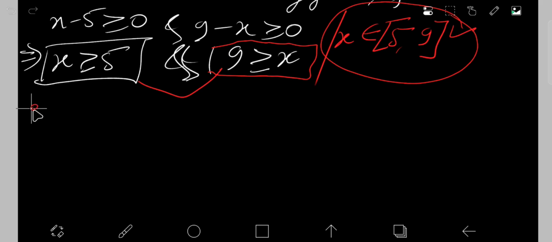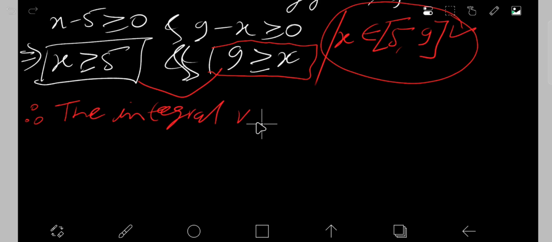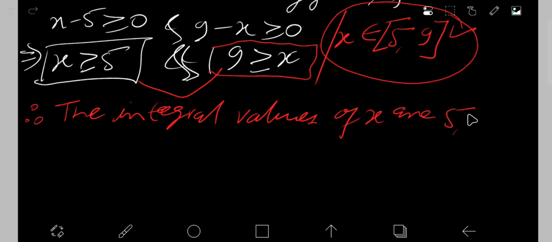Therefore the integral values of x are 5, 6, 7, 8 and 9.